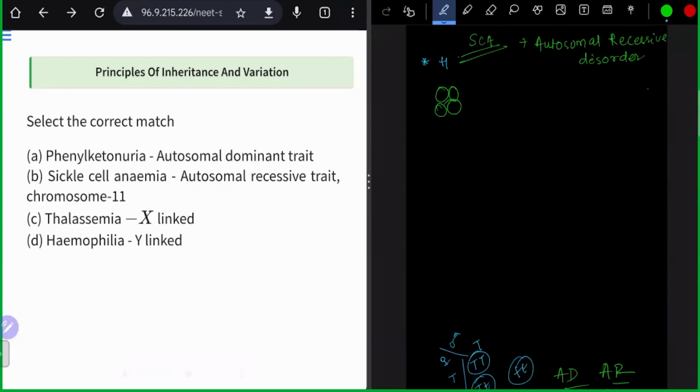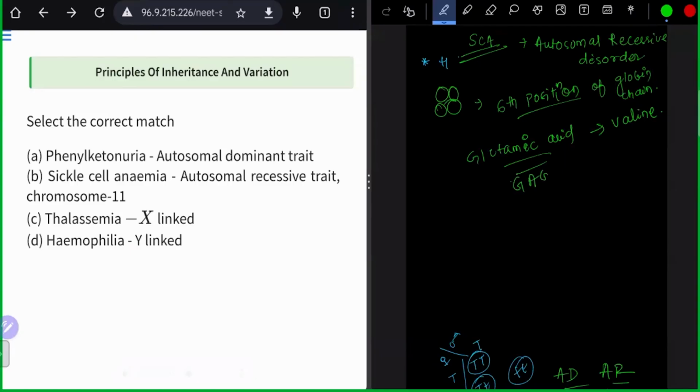There is a mutation in the sixth position of the globin chain, where glutamic acid is replaced by valine. Glutamic acid is GAG, valine is GUG, so here A is replaced by U.